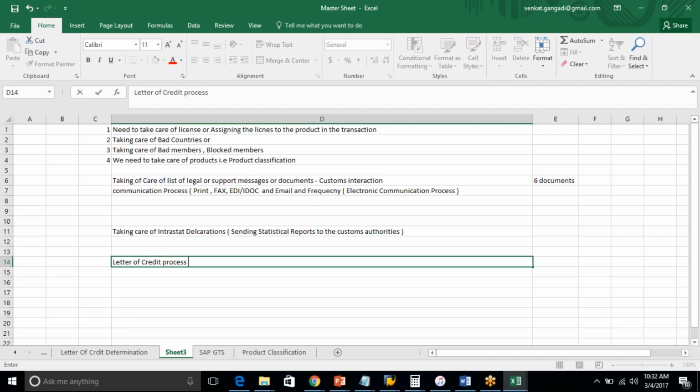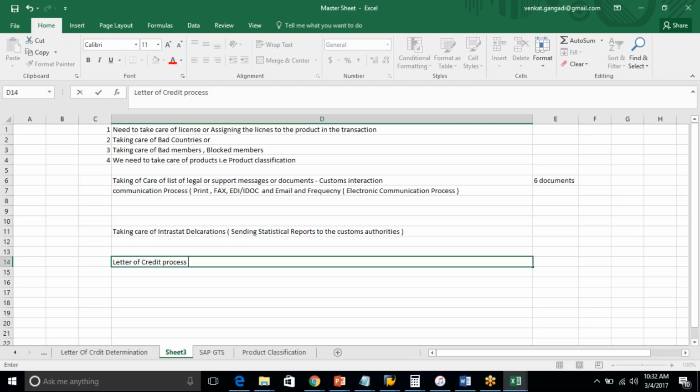So one more major important thing we need to consider. Did you forget about international trade agreements? Free trade zones, or international trade agreements between the countries?